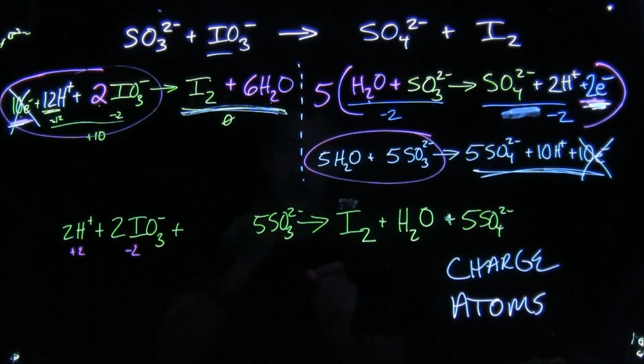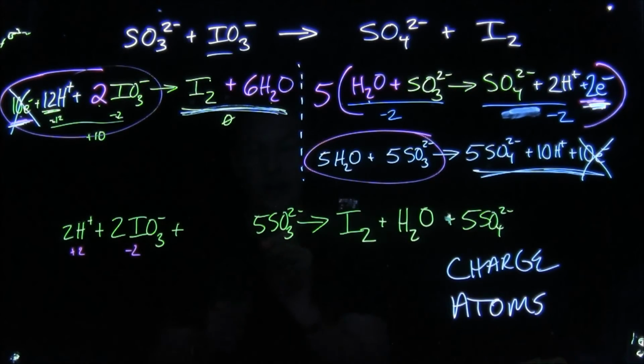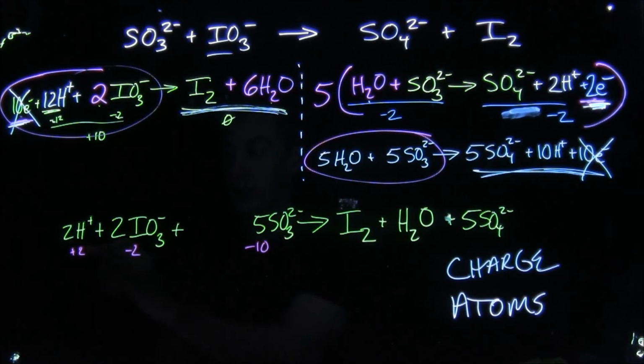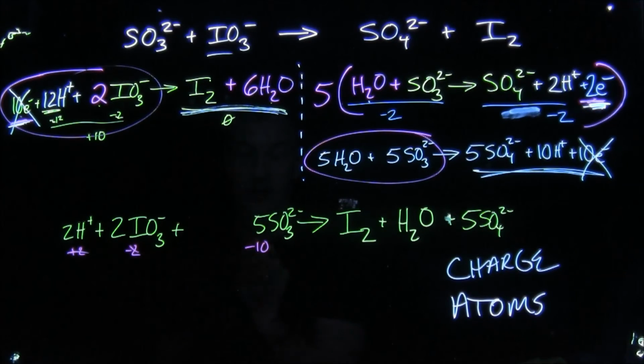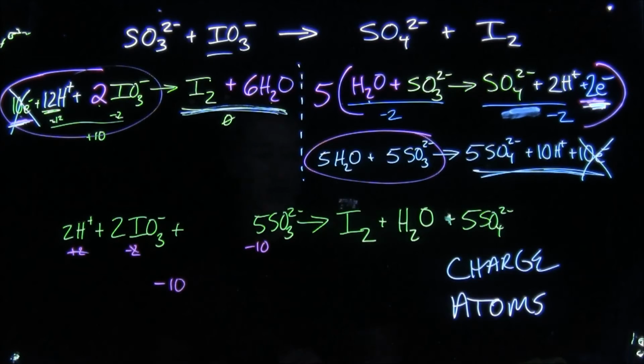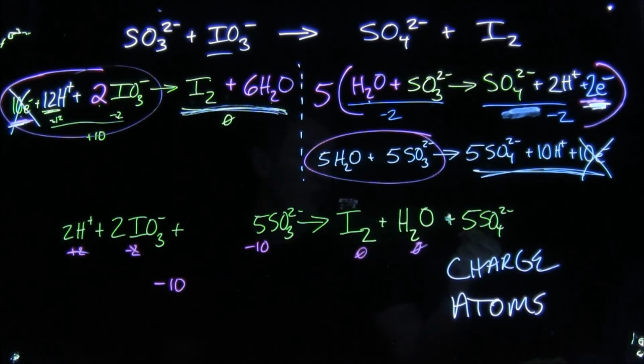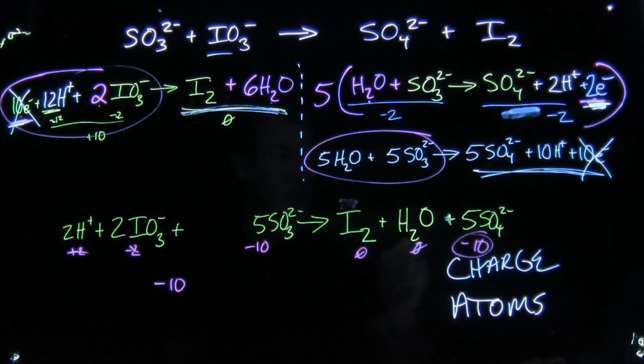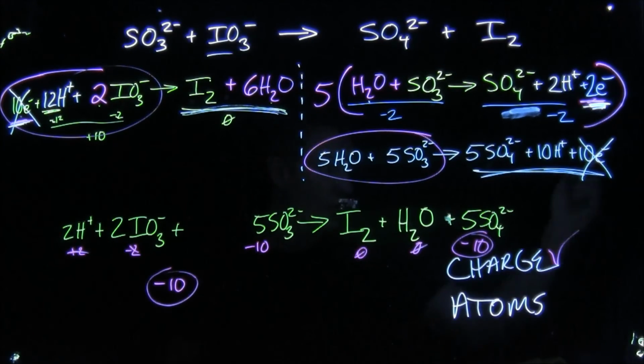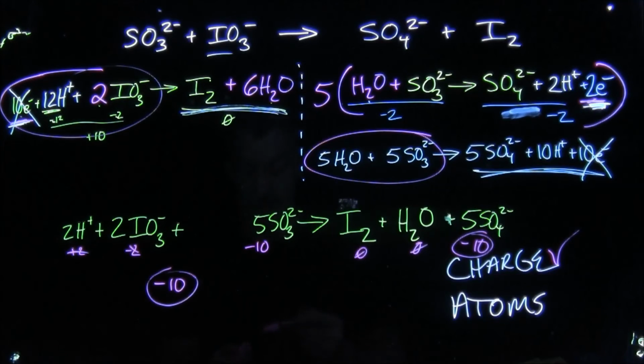You got 5 sulfites, so that's 5, 2 minus, so that's minus 10. So this whole side, those two cancel each other out. So this side is minus 10. You've got iodine and water, they're both neutral. And then you got 5 sulfates, 5, 2 minus, so that's minus 10. So both sides are minus 10. Charge is balanced.